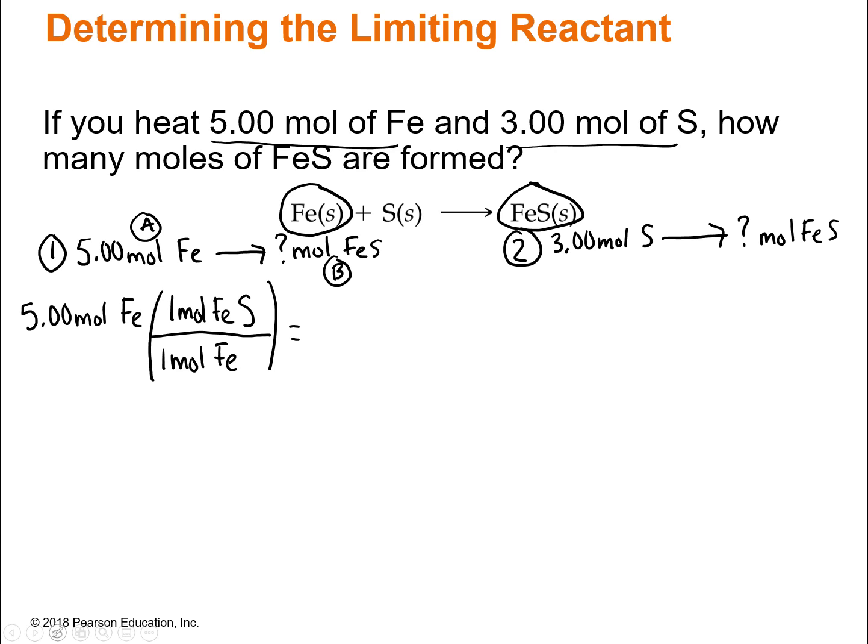So let's just do that now. It's 1 to 1. So we're going to make 5 moles of iron 2 sulfide.